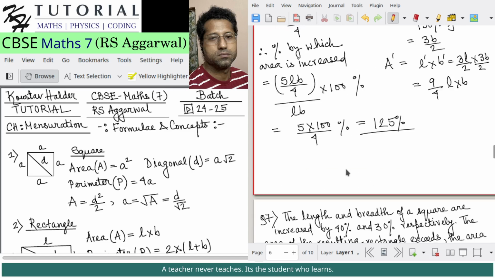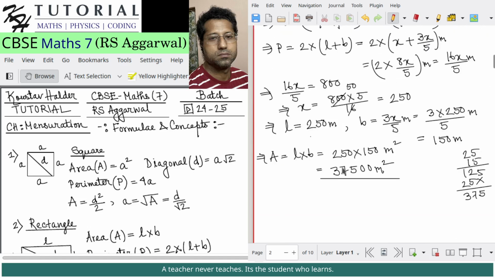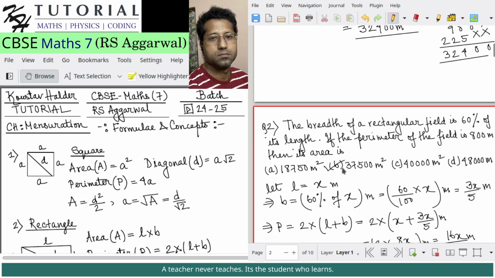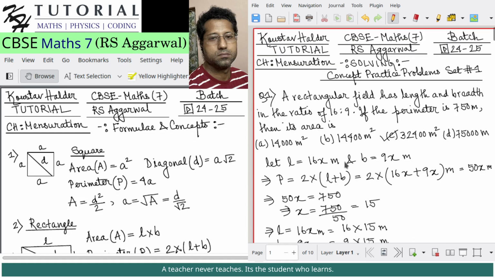I hope solving these problems will give you a good insight of how to apply the concepts of area, perimeter, diagonal of square and rectangle, and the area of four walls of a room to solve this kind of problem. As you can see, concepts from other chapters like ratio and proportion, percentages, and solving linear equation in one variable will be heavily used while solving this kind of problem.